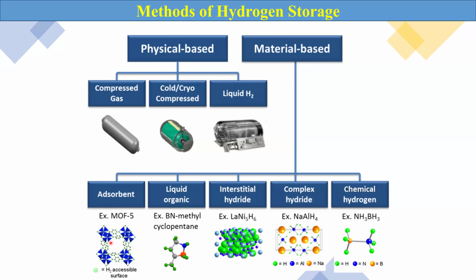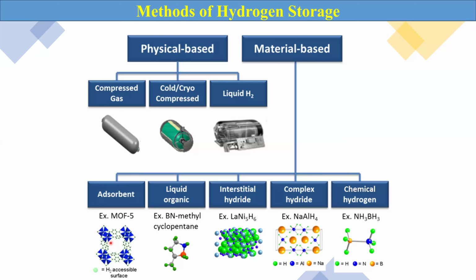Then the next one is methylcyclopentane, in a liquid organic form through which we can store it. Next are the interstitial hydrides, made up of lanthanum nickel hydride, where the hydrogen is stored, and another form, the complex hydrides, is also used.